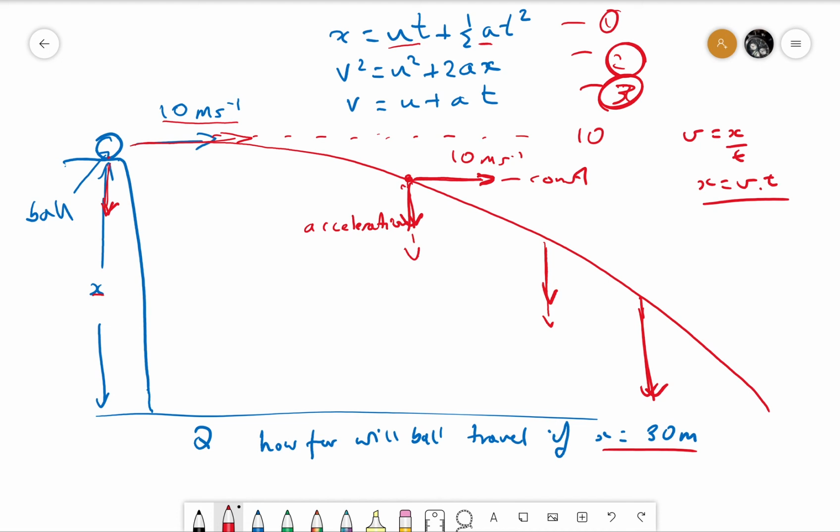So we can rewrite our equation here for x. What I'm saying is 30 is equal to the initial velocity of 0 times t, well, that's going to be 0, plus 1/2 of at squared. Now a is 9.81 and t is t squared.